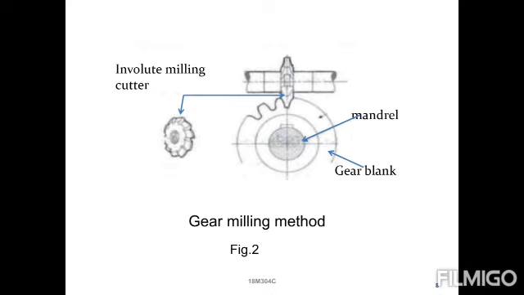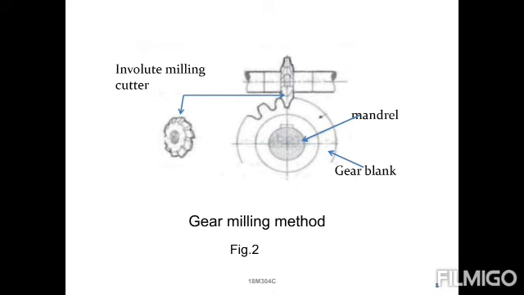We can observe the gear milling method. The first one is the involute cutter. The middle one is the mandrel. A mandrel is nothing but a long shaft, and we place the blank on it. The main purpose of placing it on the mandrel is that while revolving, some amount of force is continuously developed at the cutter, and these forces are absorbed by the mandrel.